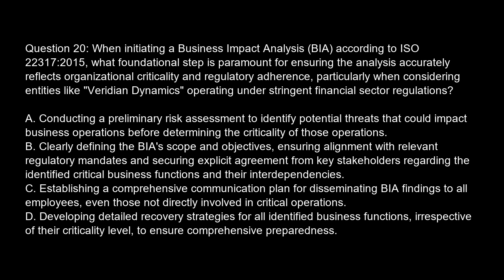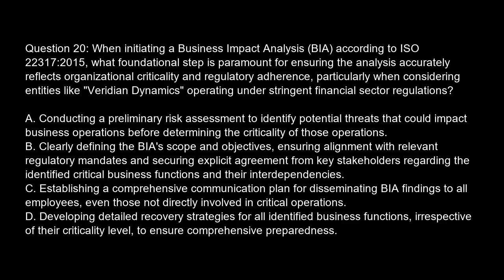Option A. Conducting a preliminary risk assessment to identify potential threats that could impact business operations before determining the criticality of those operations. Option B. Clearly defining the BIA's scope and objectives, ensuring alignment with relevant regulatory mandates, and securing explicit agreement from key stakeholders regarding the identified critical business functions and their interdependencies.